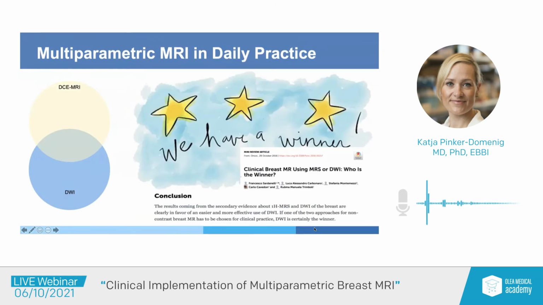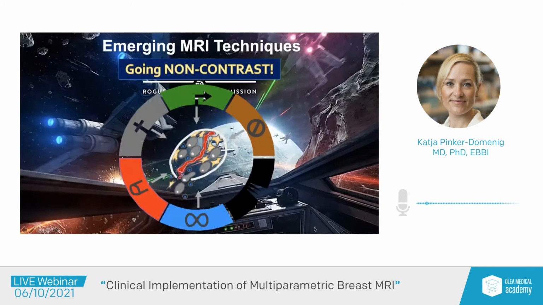There's a broad consensus that for the time being, until there are significant improvements from a time acquisition and breast coverage point of view, you should stick with DWI. If you can do both in your clinical practice or you want to do it in a study setting, we do encourage spectroscopy, but for clinical day-to-day use, we would recommend diffusion-weighted imaging.